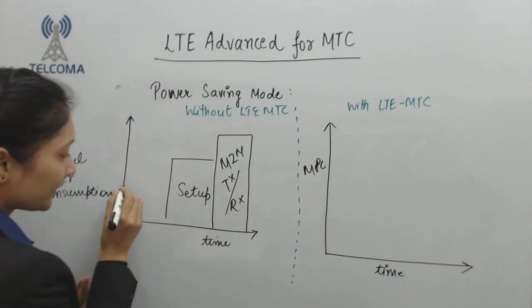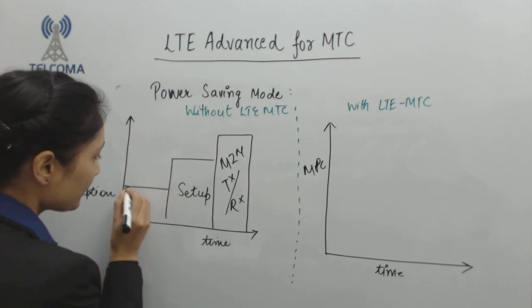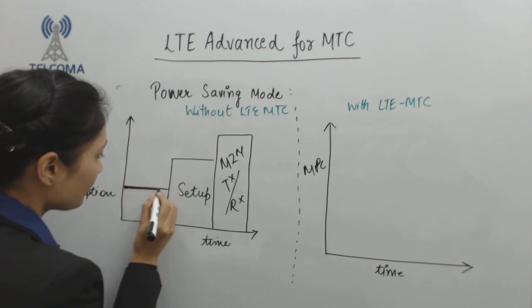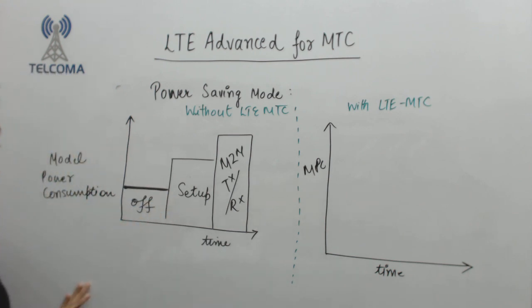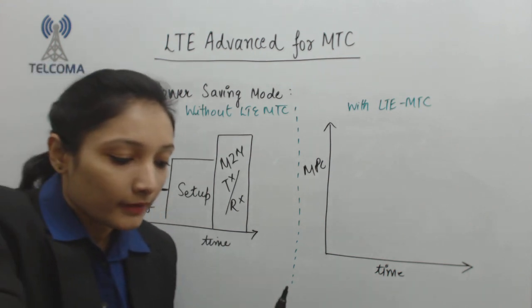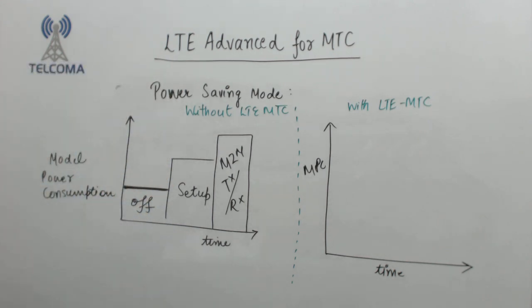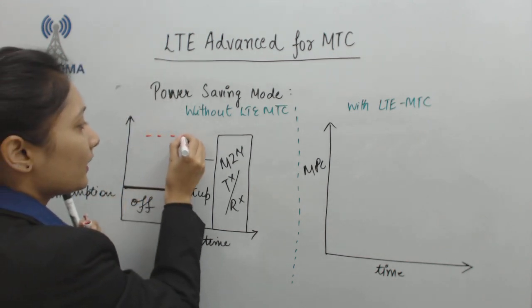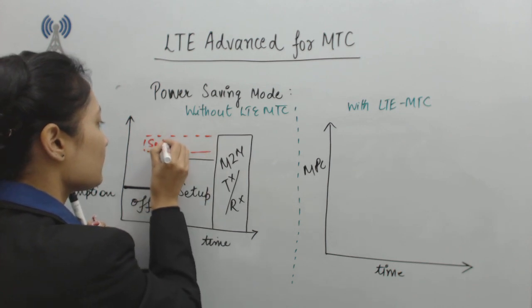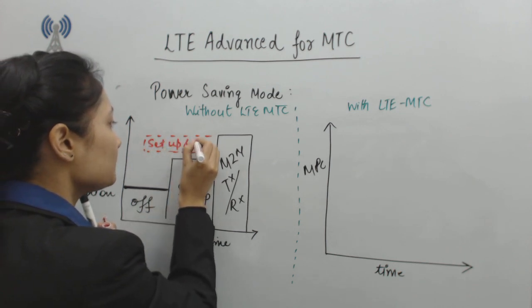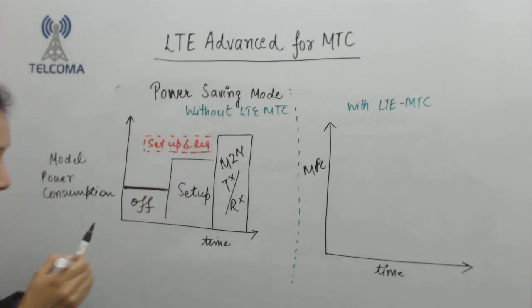That means this is the stage where my device will be in the off state. So in this without LTE-MTC case, I will have setup and registration. This is my without LTE-MTC. I'll explain both.